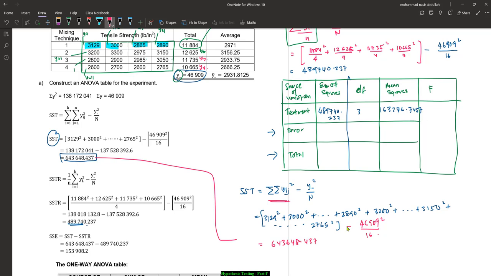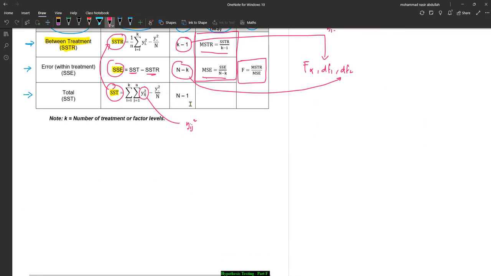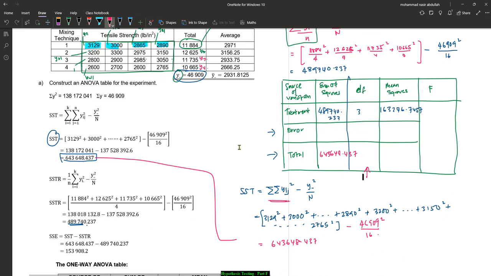So you letak kat bawah ni. Right? So the degree of freedom for total is n minus 1, right? So n minus 1, sepatutnya kita akan dapat ada berapa n semua ni? Dah ada 16 kan? 16 tolak 1, 15.